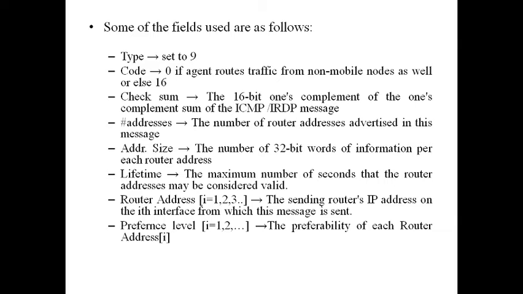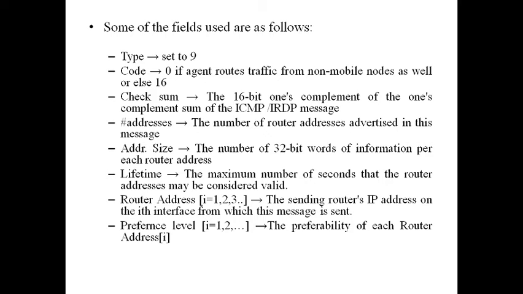And preference level means the preferability of each router address. For each and every address, it helps a node to choose the router. So it can choose the router based upon the preference level, based on the router's ith interface.